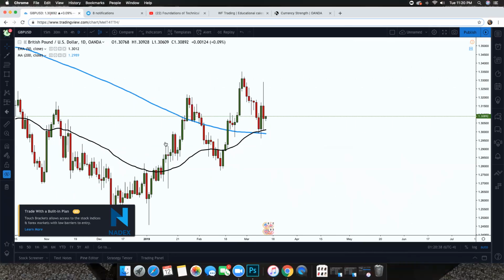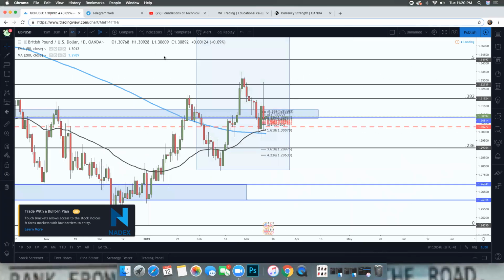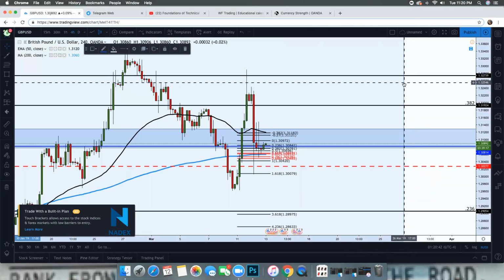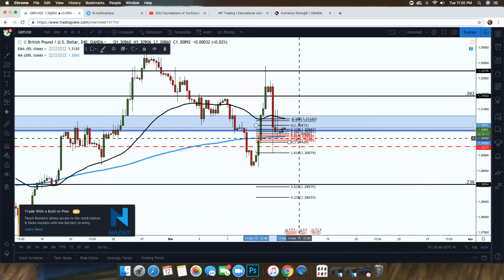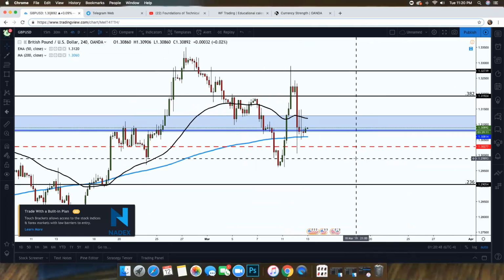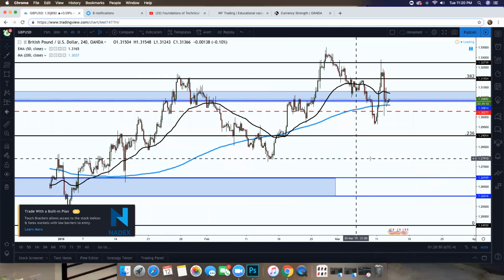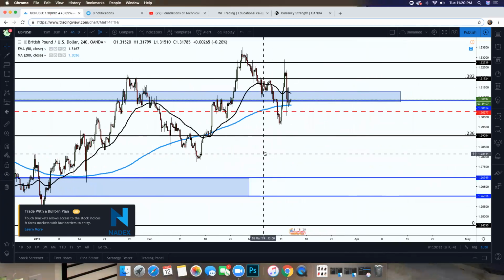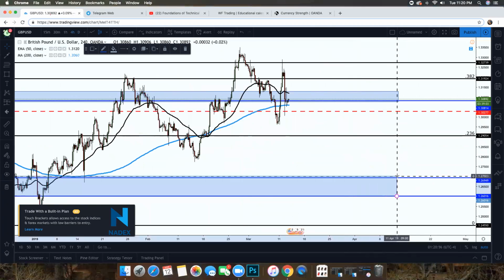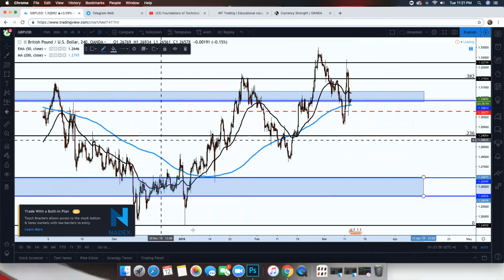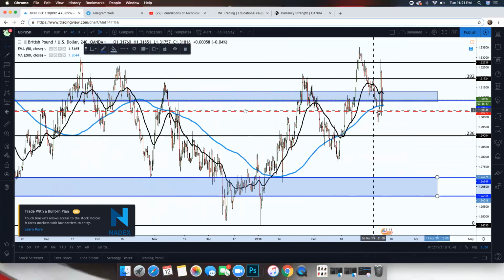Now if we look at this on a smaller time frame, what I'm looking at, guys, is I honestly want to see price come down to this little rectangle. If we zoom out, I could show you this little box.